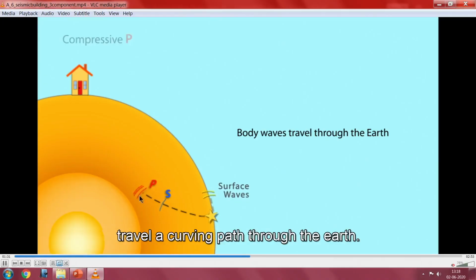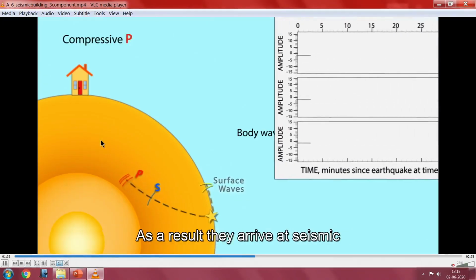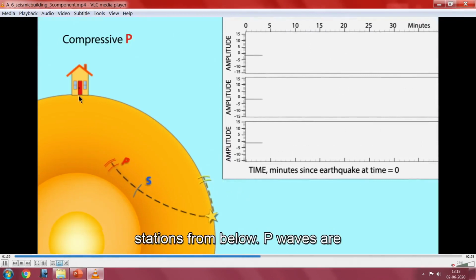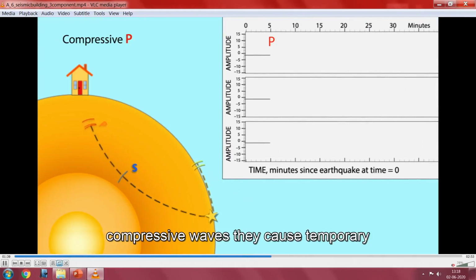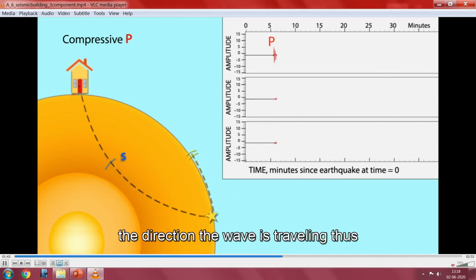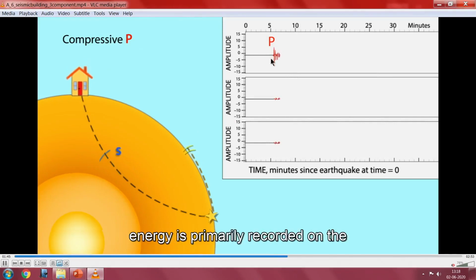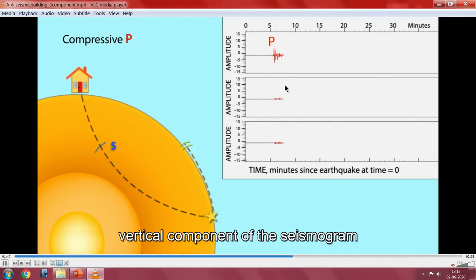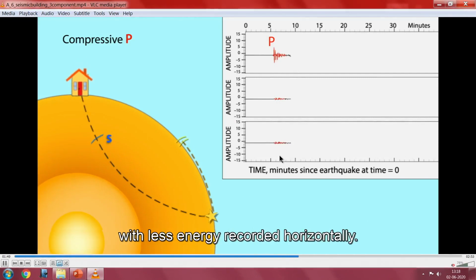You can see this earthquake occurring now. You can see the P wave traveling, then the S wave and the surface wave. These waves are moving towards the object. You can see when it reaches the object, it lifts, and then you get a record here. For the other components, the two horizontal ones, you get only a minor disturbance.